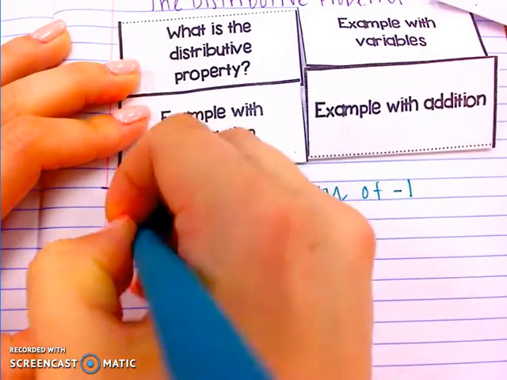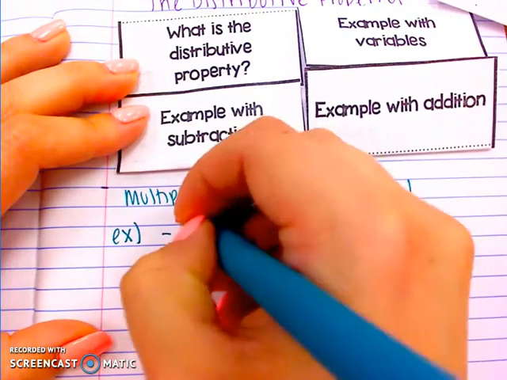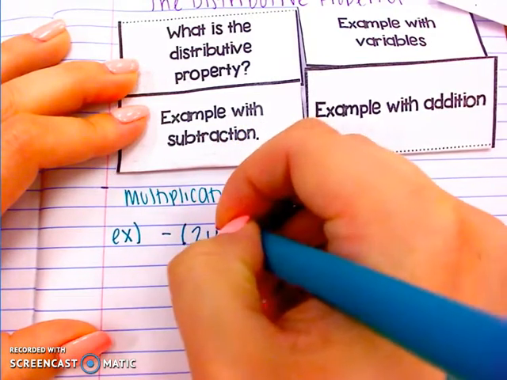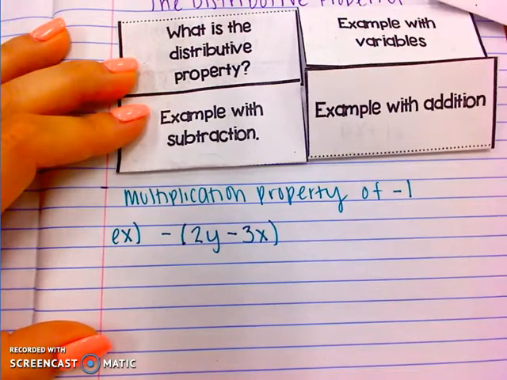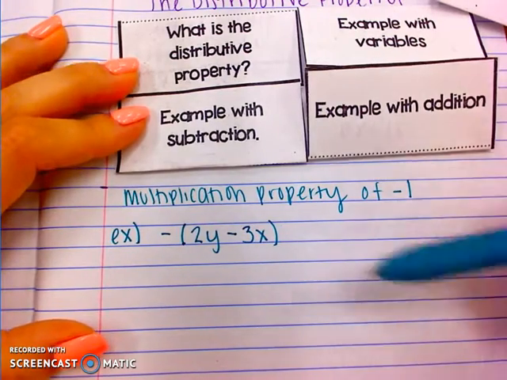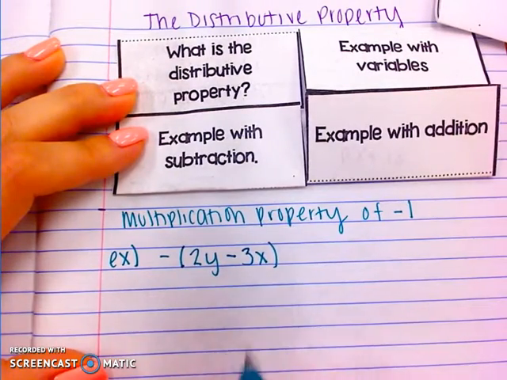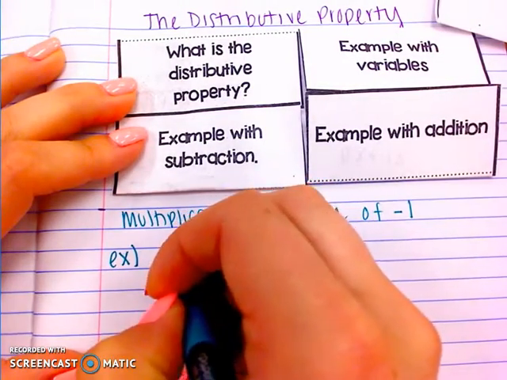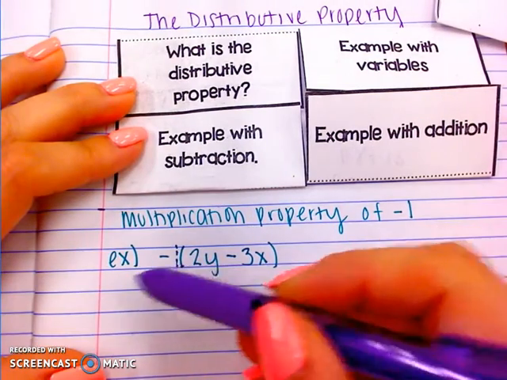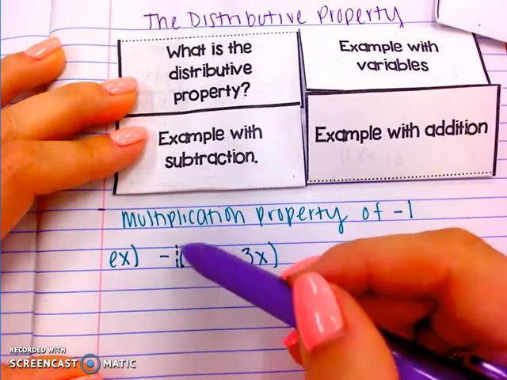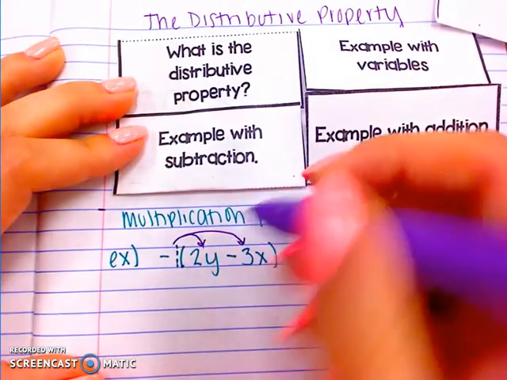That's when we have the negative on the outside of the parentheses, and I have an expression on the inside of parentheses. So still, I'm using the distributive property, but the only number I'm distributing is an imaginary or invisible 1. It's not just a minus this expression. There is an understood -1 there that I'm going to distribute.